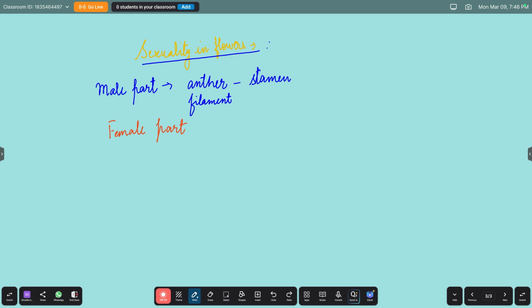The female part is the pistil. What does the pistil consist of? The pistil consists of the style, stigma, and the main part, that is the ovary, and inside the ovary is the ovule, which consists of the seed.